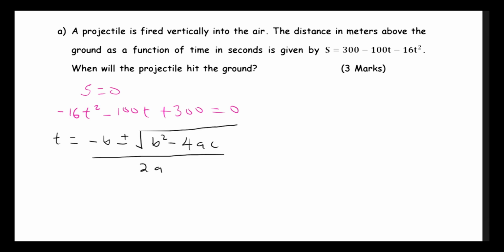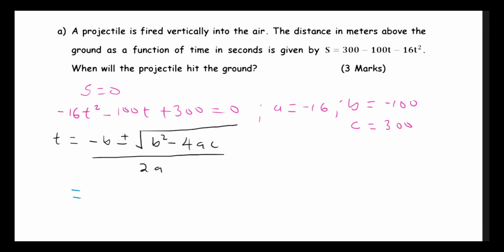We have to highlight what we have as a, the coefficient of t squared, that is minus 16, and then we have b, which is minus 100, and then we have c, which is 300. So all we need to do is substitute these values into the formula.